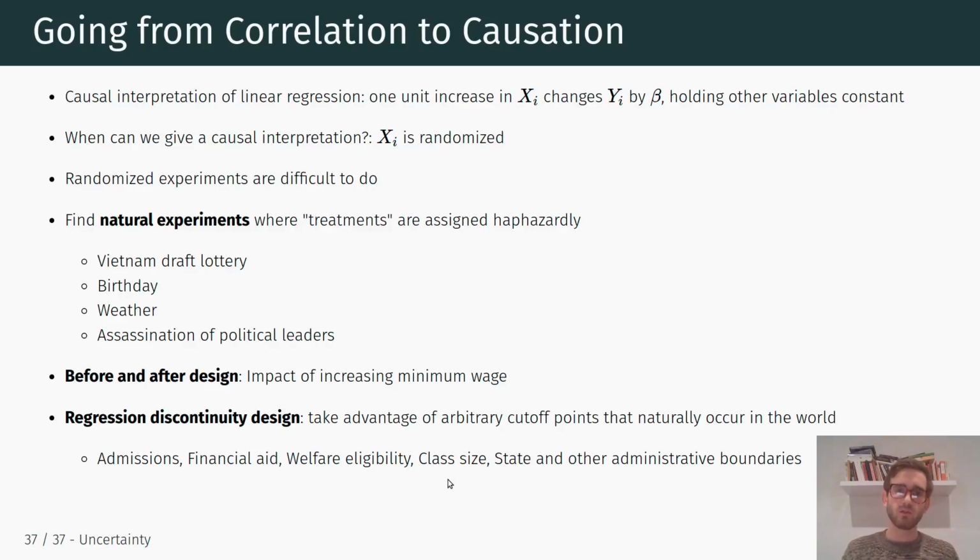It doesn't get you to this causal interpretation. Even if you are sure that you don't have omitted variable bias, you can't move from correlation to causation without invoking additional assumptions or using strategies like natural experiments or regression discontinuity designs, and so on.